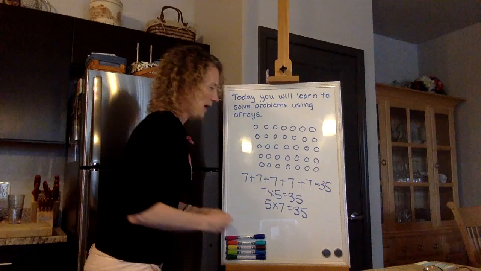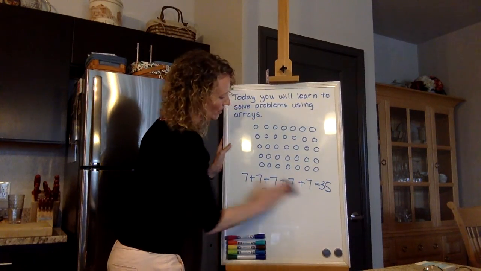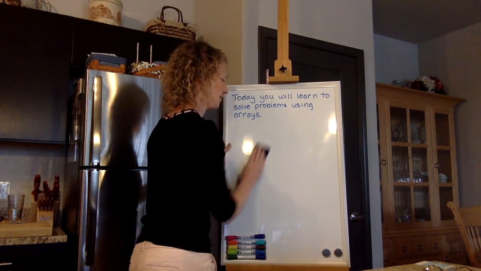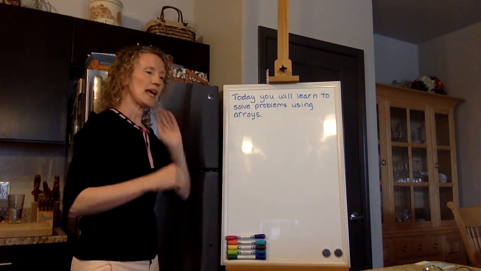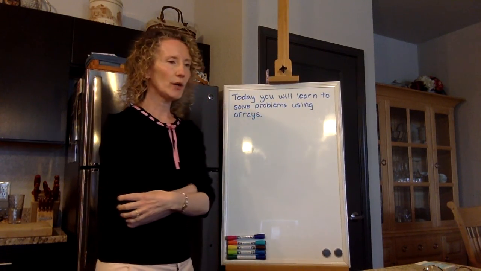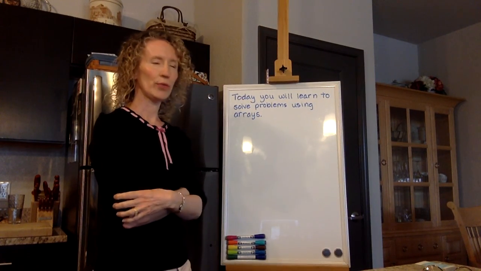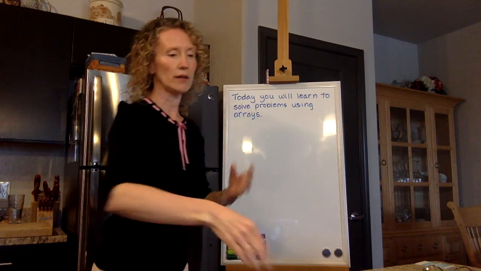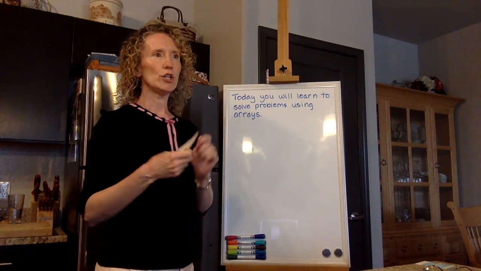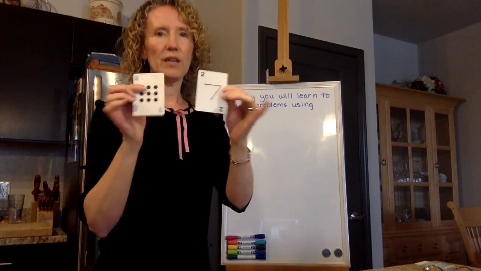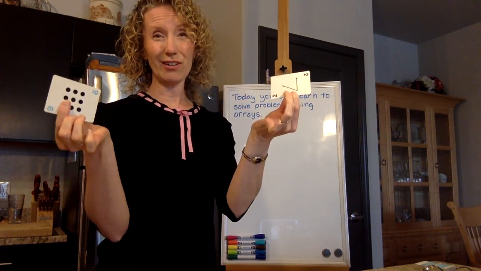Now, I want to do one that you have to think of a little bit differently. Let's say there were 2 rows of books with 9 books in each row. I'm using cards to figure out my numbers.